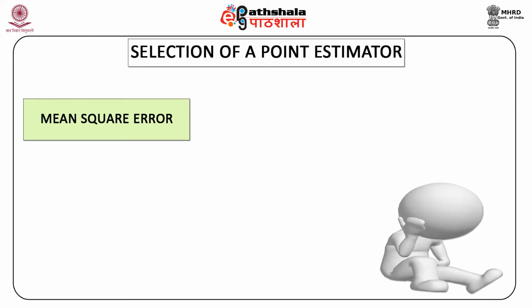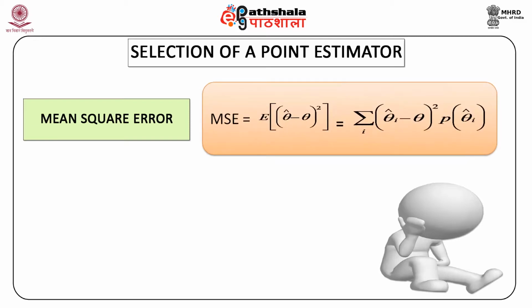The mean square error, or MSE, is defined as the expected value of (theta hat minus theta) whole squared, which is equal to sigma (theta hat minus theta) squared into P(theta hat), where theta hat is the sample estimate of the population parameter theta, and MSE is a measure of total variability of the estimated values about the true value of the parameter.